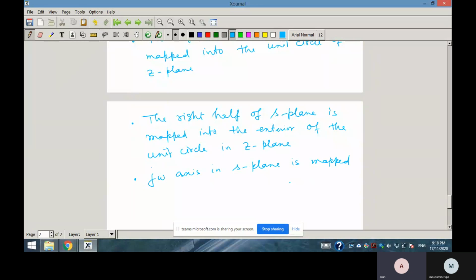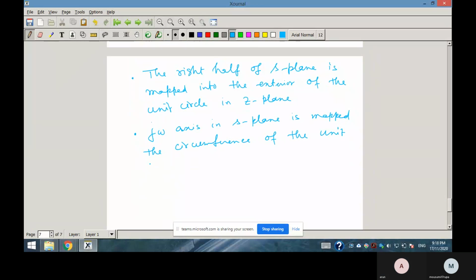So the j omega axis in S plane is mapped into the circumference of the unit circle in Z plane. These are the important results.